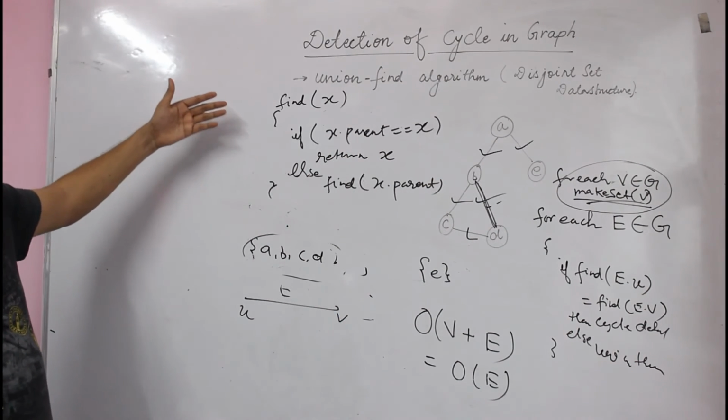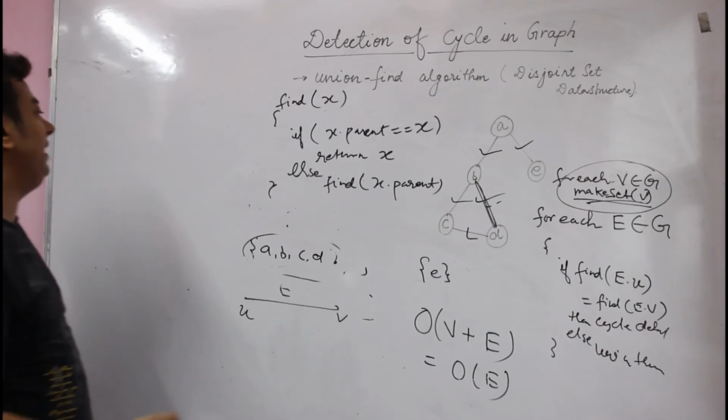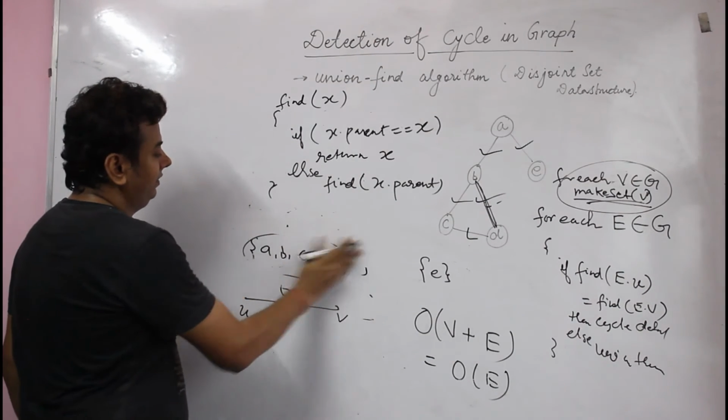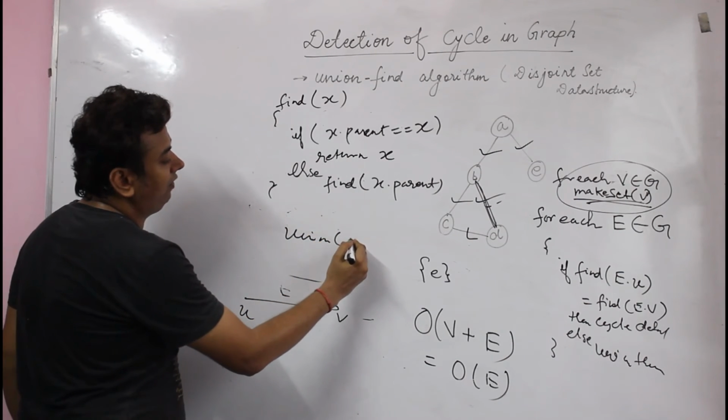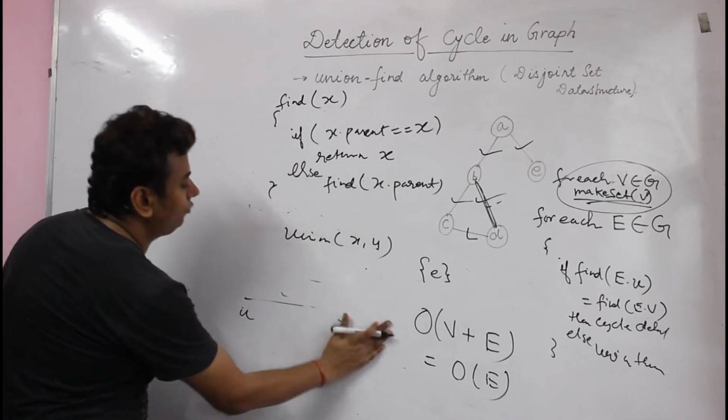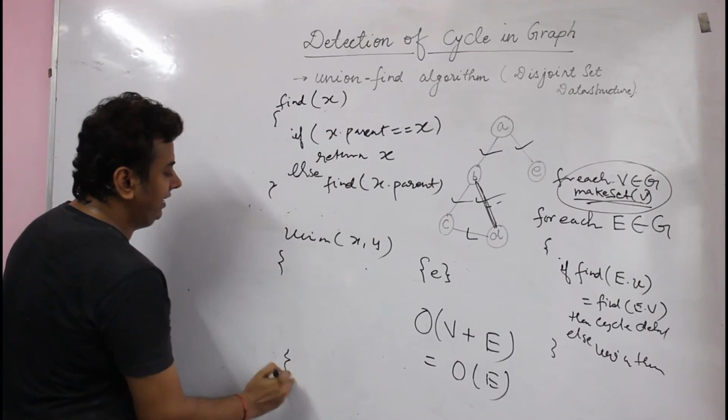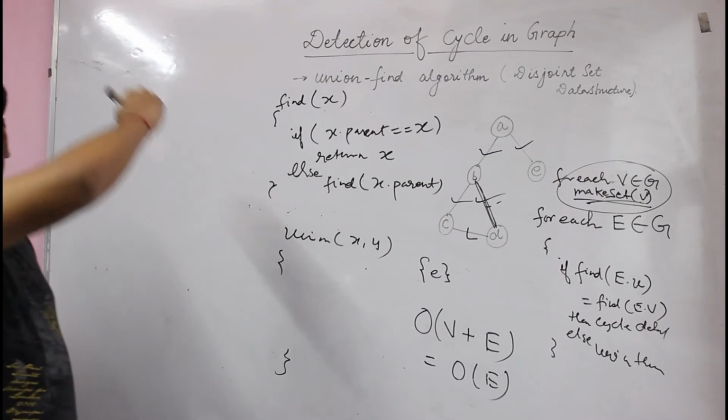And what will be the union? For union of x and y, we have two sets, x and y.